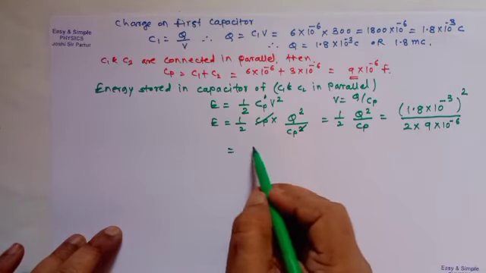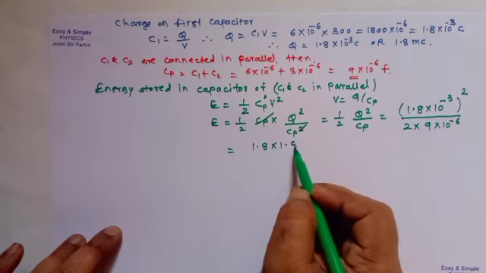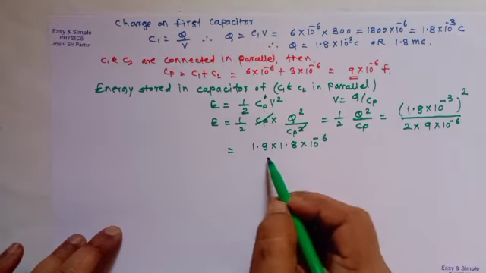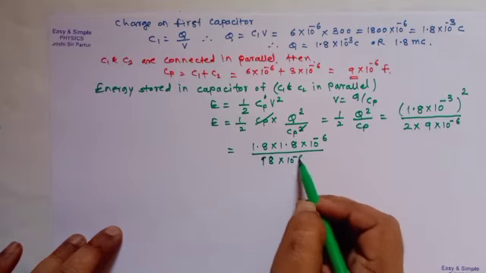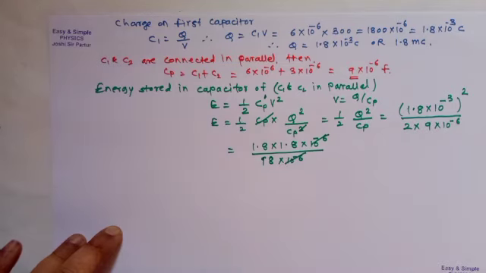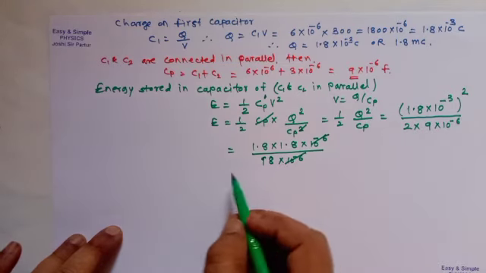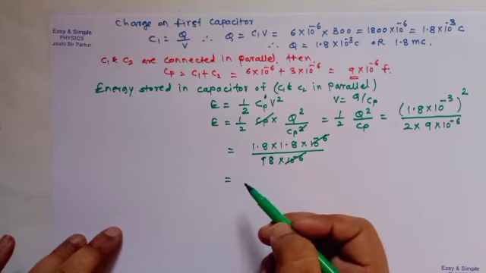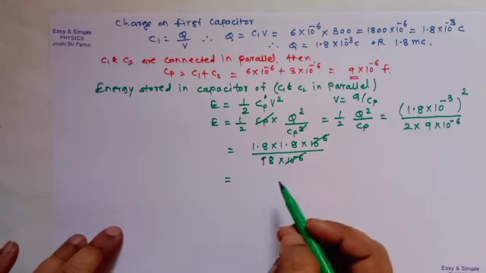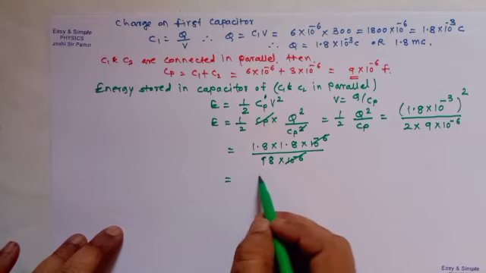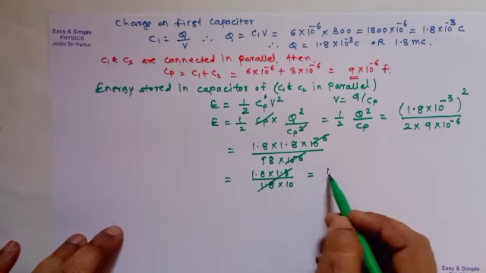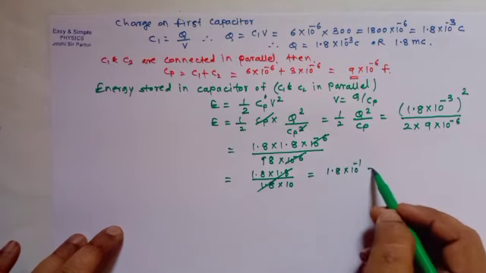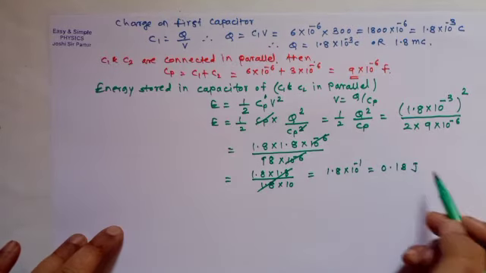So it is 1.8 into 1.8 into 10 raised to minus 6 divided by 18 into 10 raised to minus 6. 10 raised to minus 6 gets cancelled, so it is 1.8 into 1.8 upon 1.8 into 10. 1.8 gets cancelled, so 1.8 into 10 raised to minus 1, that is 0.18 joule.